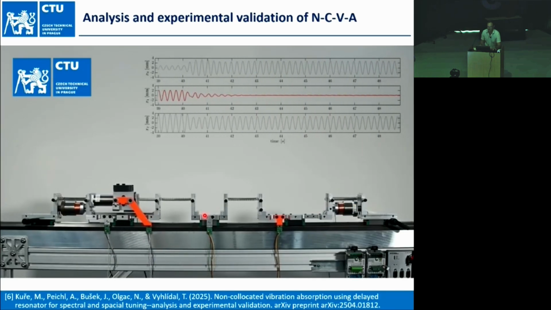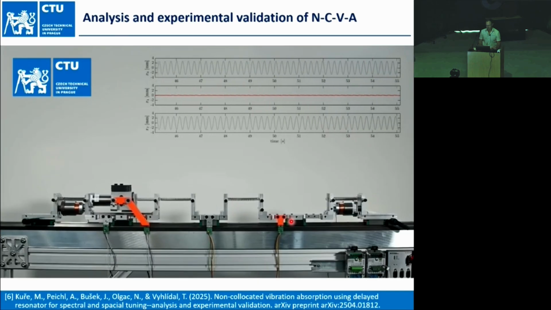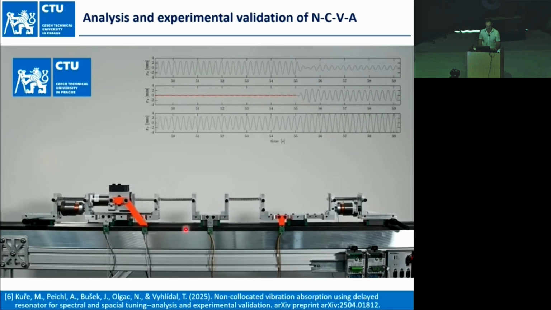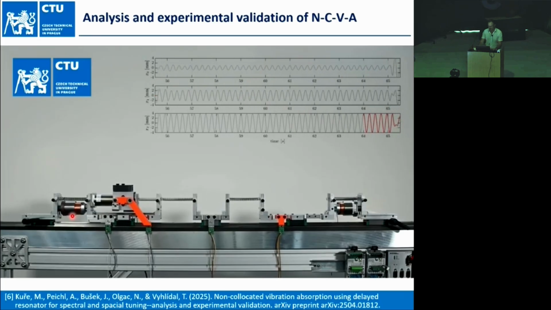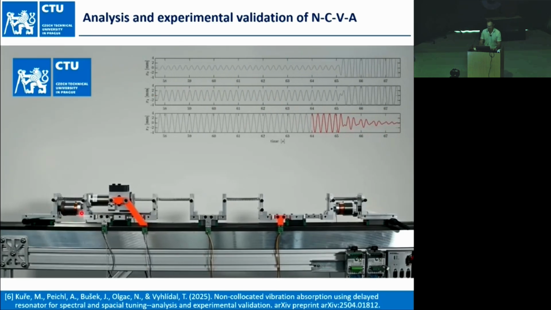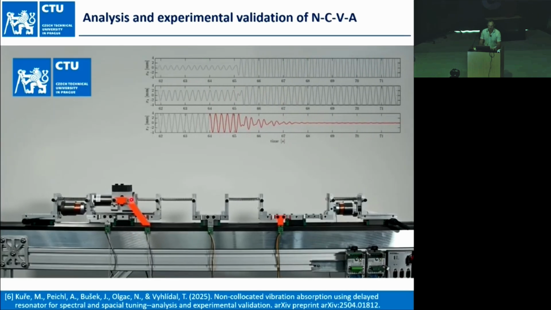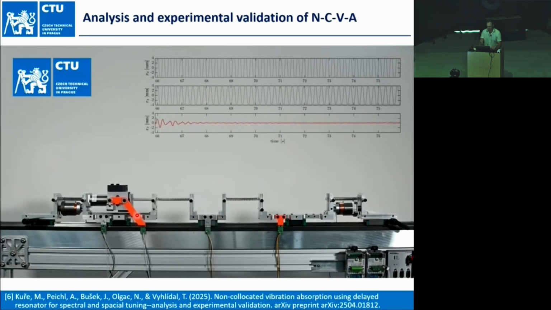Now we stop this one, and then the third one. You may notice that we also have the other voice coil here, but this one is not used for this application. It is just there. All the vibration suppression is done by active control of this resonator.